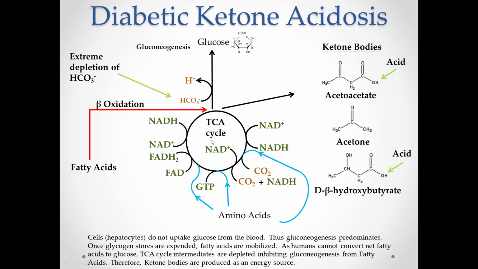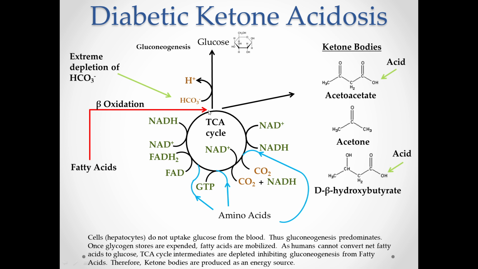And so if somebody's body enters an extreme starvation state, in other words, a state in which there is extreme breakdown of fatty acids, and this happens so rapidly that amino acids cannot be mobilized to replace the citric acid cycle intermediate, acetyl-CoA cannot be converted into glucose.